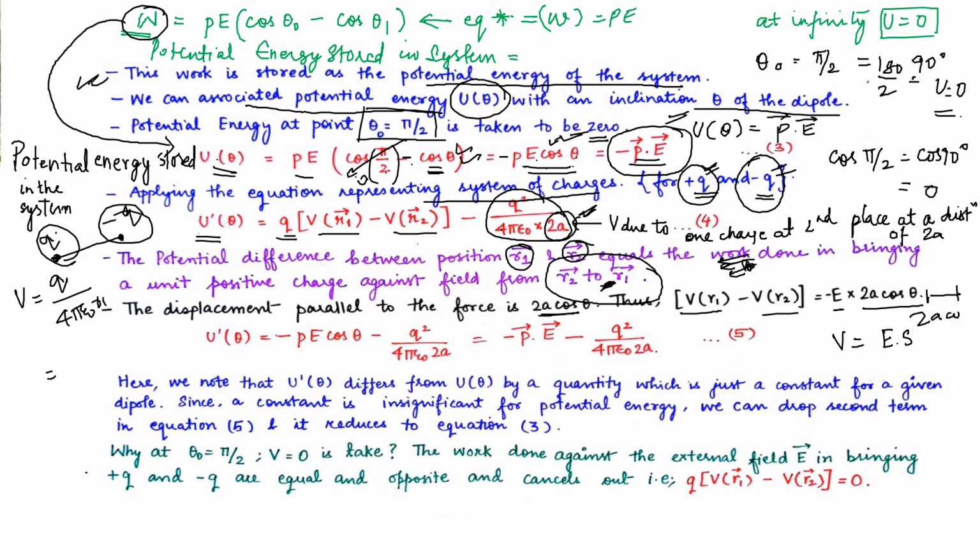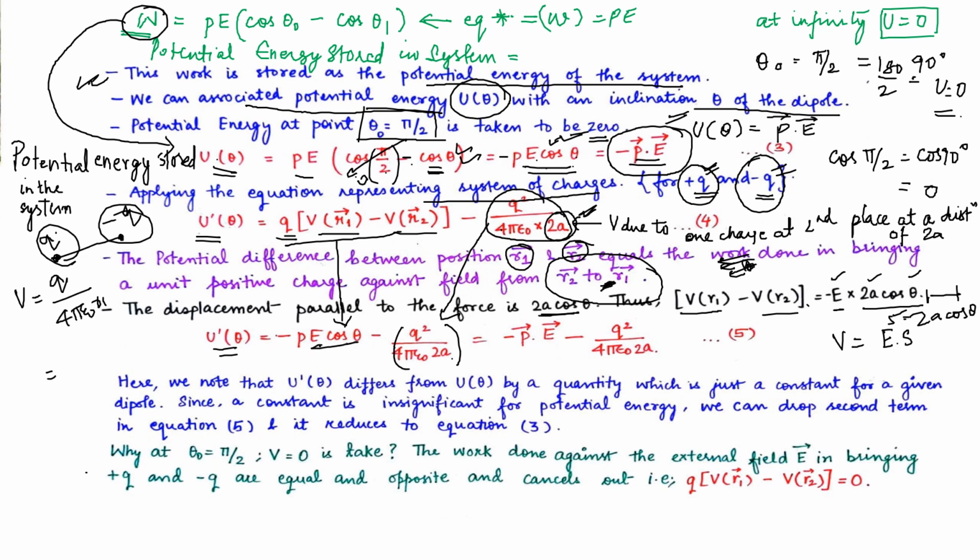So 2a cos theta is the value of S. So the potential we found is minus E into 2a cos theta. Now U'(theta) equals minus pE cos theta from the last equation, minus q square by 4 pi epsilon naught 2a. This equation turned out to be this, and this equation came here as such.